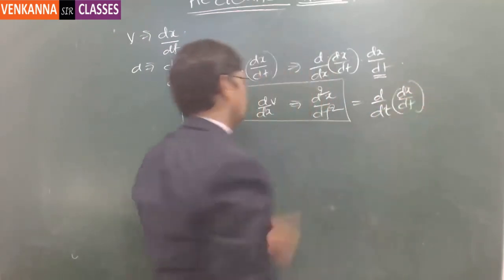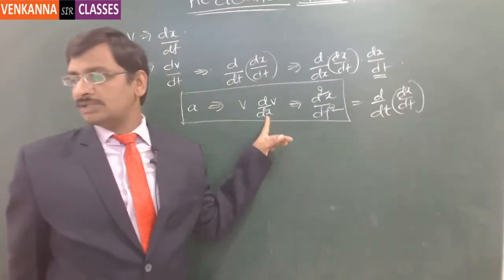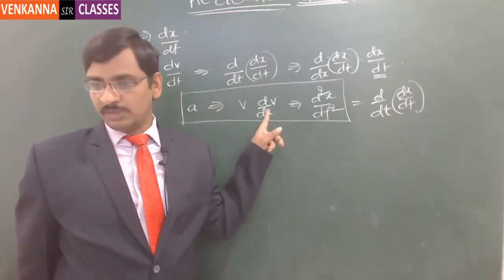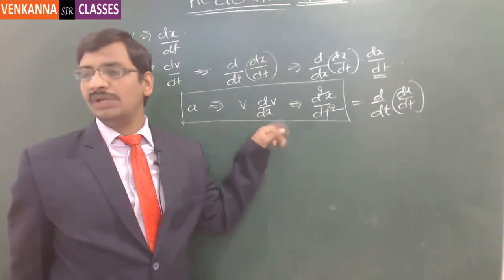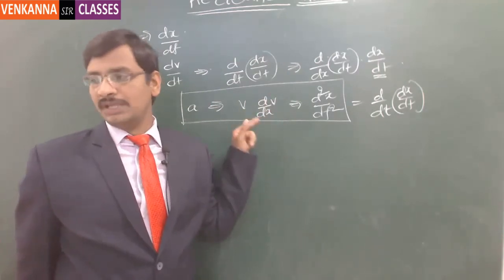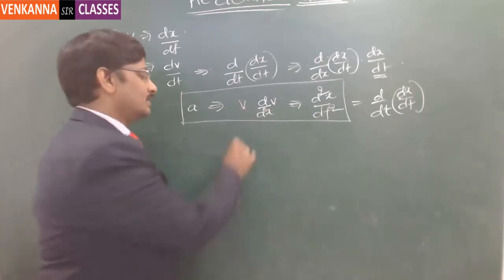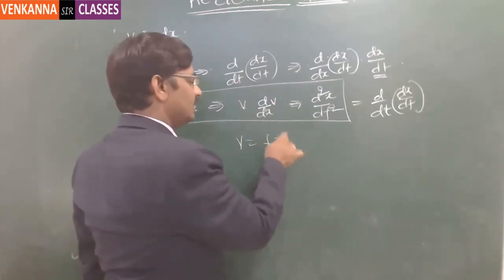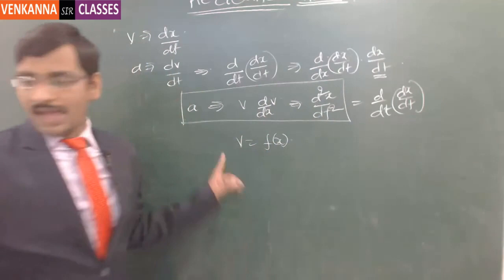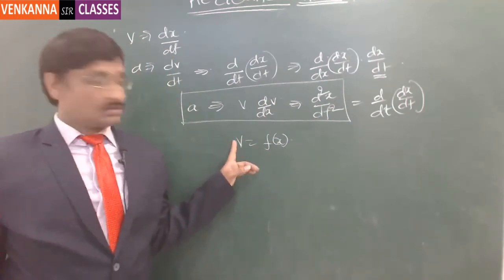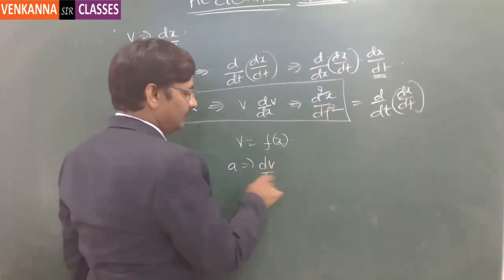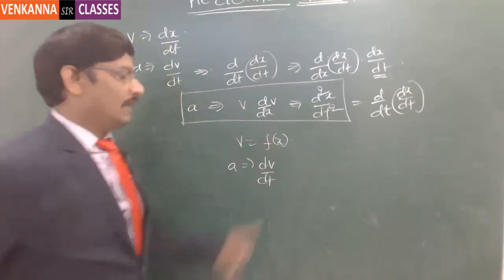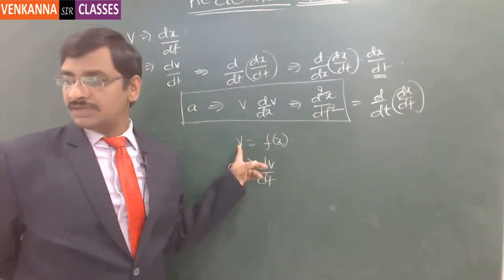Here the only thing is that we are taking the derivative with respect to x by introducing a velocity here. In dv by dx we eliminated t and introduced x. So if velocity is a function of x, you will still be able to calculate the acceleration. The acceleration is dv by dt, but here x is a function of time and v is a function of time.